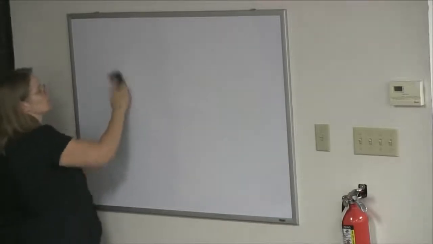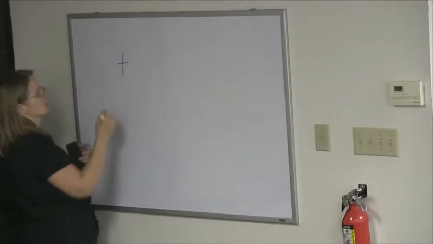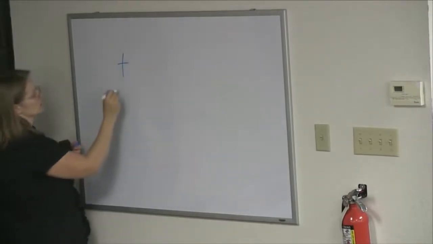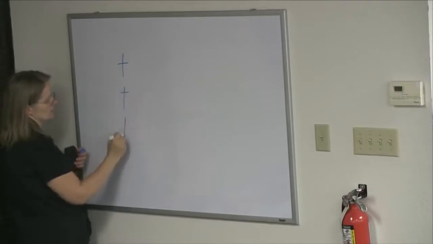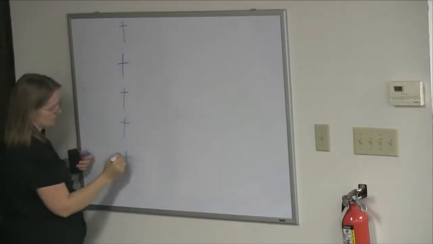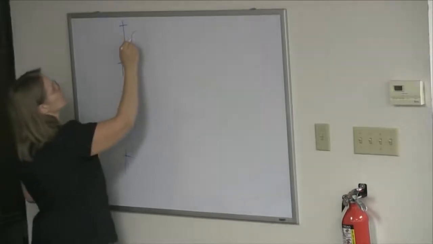Let me make that a little bit bigger. So you teach them, T says T as in table. T says T, T, T. And you just teach them that. You're going to see where I go with this in just a minute. Once they know that this is T, you now combine it with the vowels that they already learned.